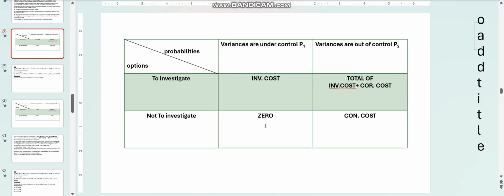The total of both, 0 times P1 plus continuation cost times P2, equals the expected cost of not to investigate option. Then comparing the expected cost of to investigate and the expected cost of not to investigate, finally, you select the option that provides lower cost.